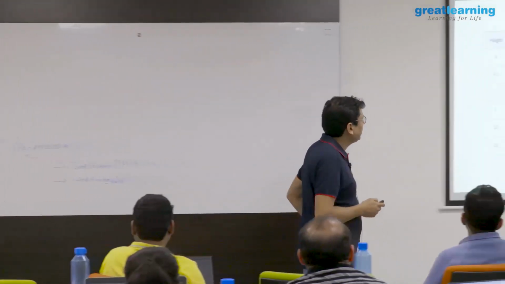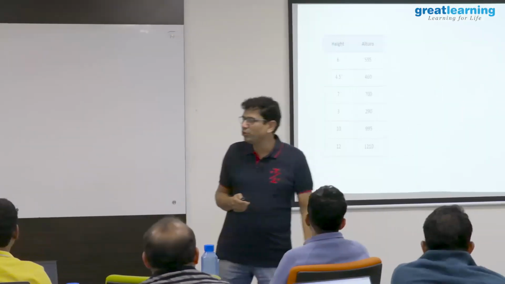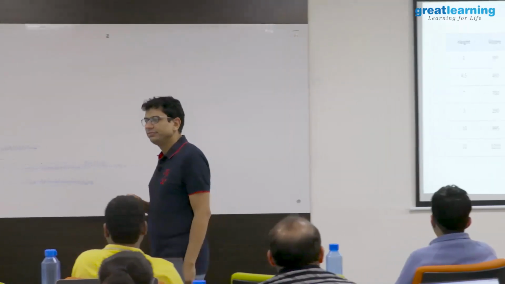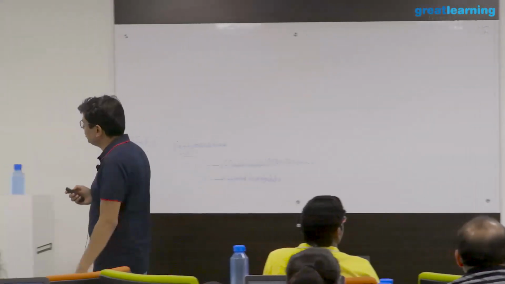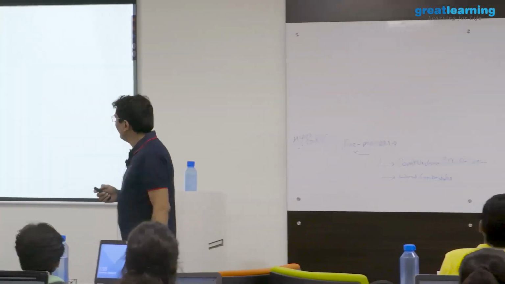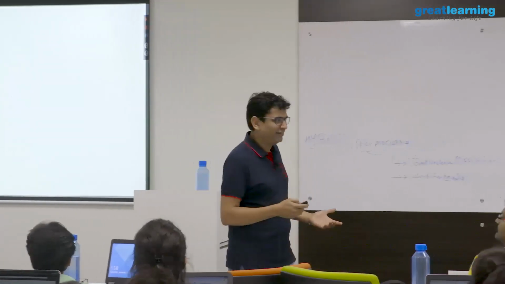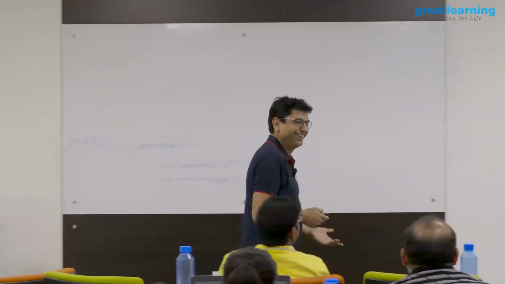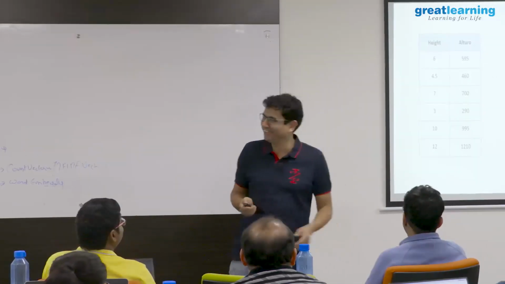Let's look at this. So how many dimensions do we have here? Right, 2 dimensions: height, and what is the other one? Okay, this is a trick question.